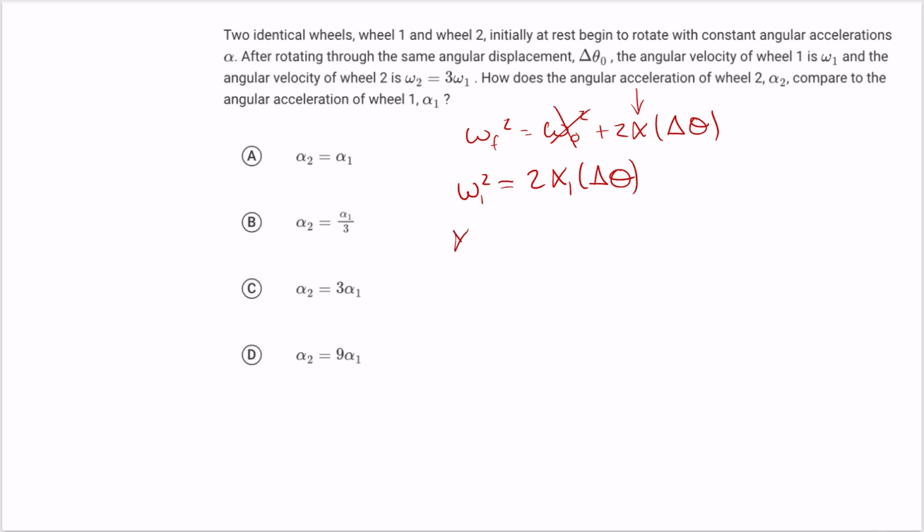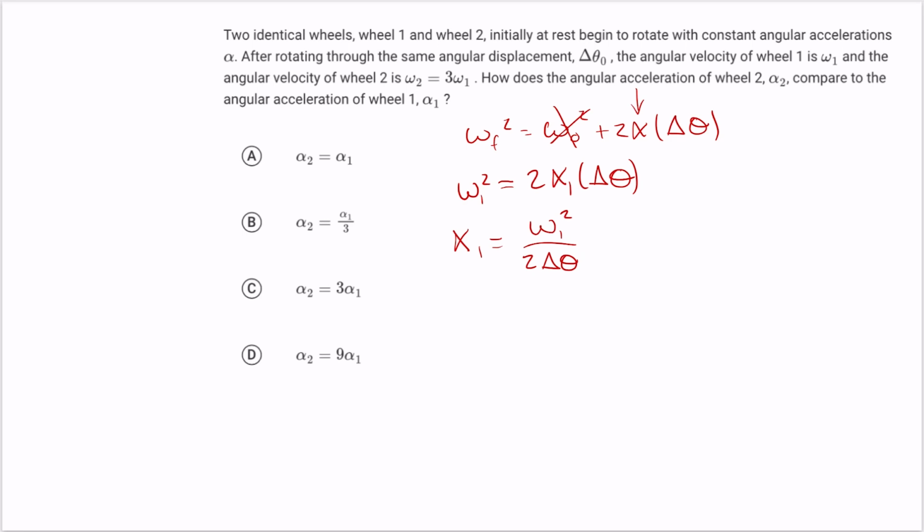That leaves angular acceleration 1 equal to the square of angular velocity 1 over 2 delta theta. Great.